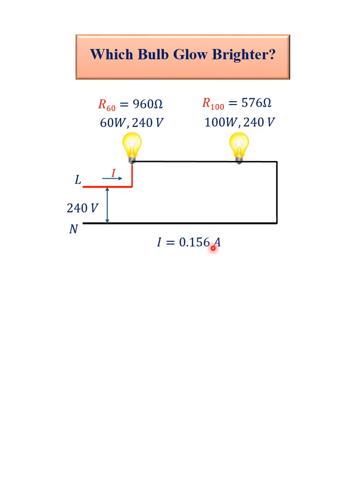That same current will cause the bulbs to dissipate power due to their resistances. So the power that each of the bulbs dissipates is what we are going to look at now. Since the current is constant, let's use the power formula P equals I squared R, where I is that common current flowing and R will be the resistance of each of these bulbs.